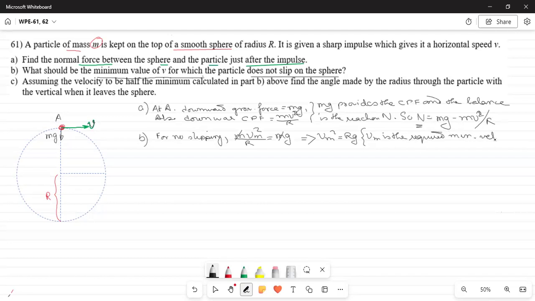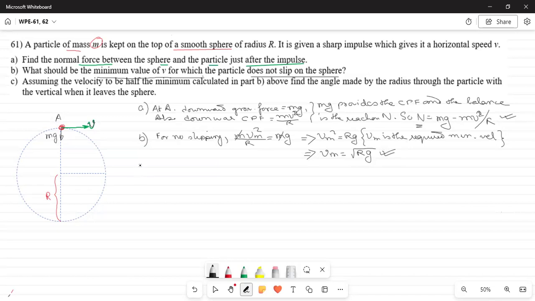So the minimum velocity vm is equal to under root rg. This was the first answer, this is the second answer.